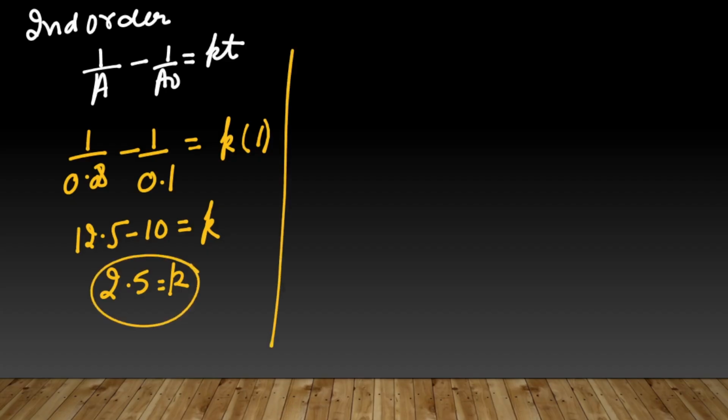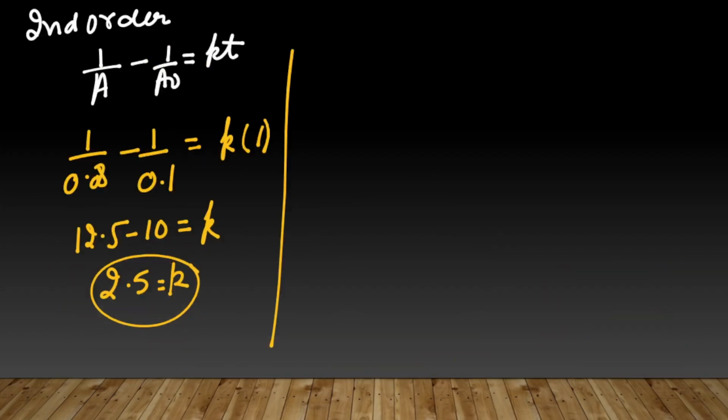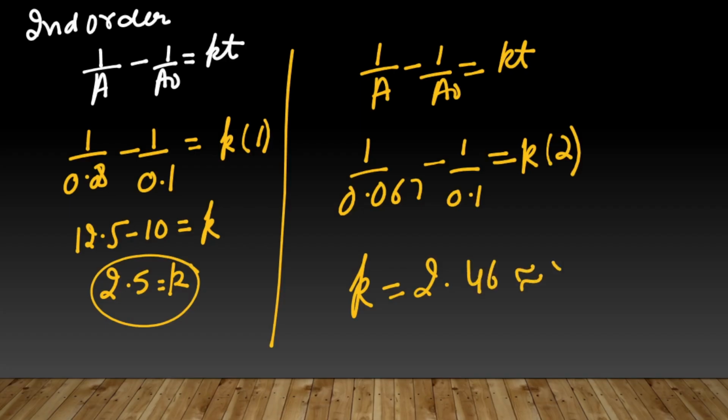Now using the other data, that is 0.1 and 0.067. So again the expression is this one only. Find the rate constant: 1 upon 0.067 minus 1 upon 0.1 is equal to K times the time, which is 2 hours. So solving this, the rate constant value we are getting is 2.46, which is approximately equal to 2.5 only.